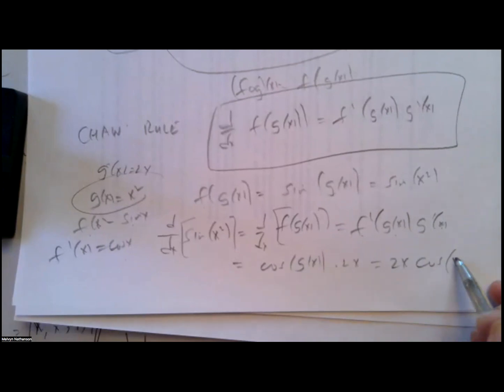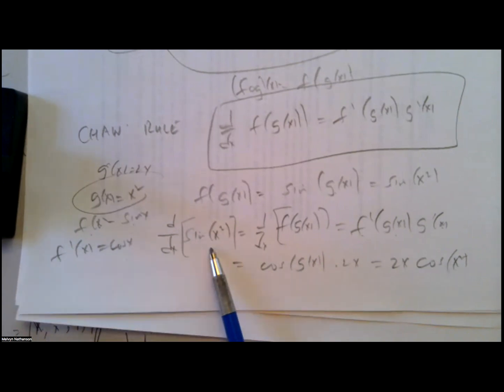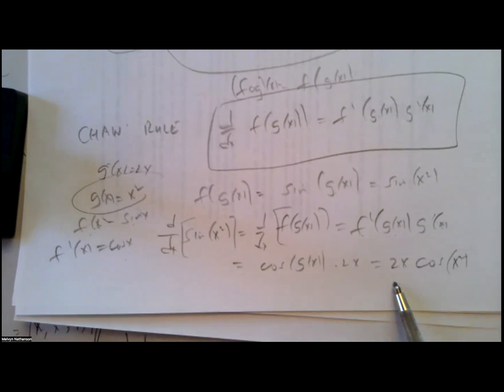Of x squared. So the derivative of the sine of x squared, it's not the cosine of x squared, it's 2x times the cosine of x squared. Okay. So we'll talk about that a lot next week.